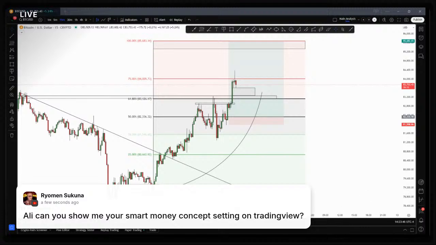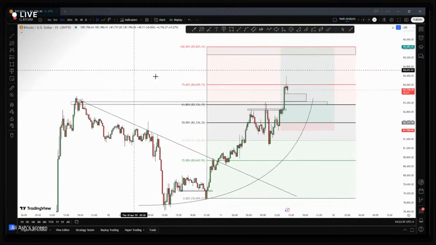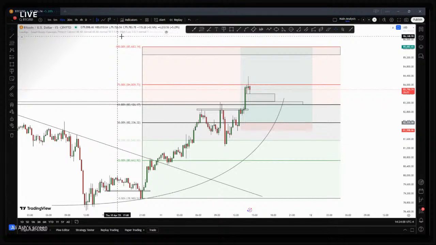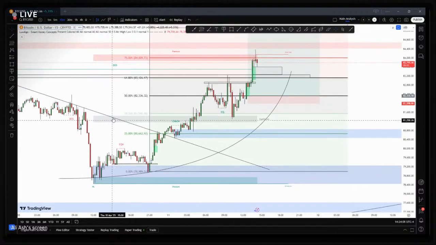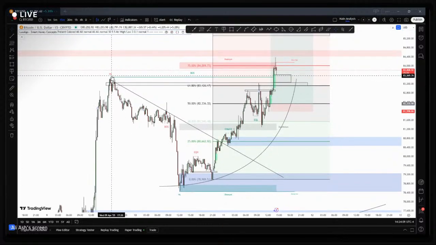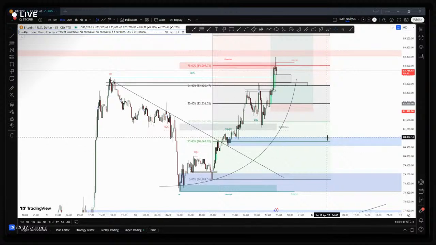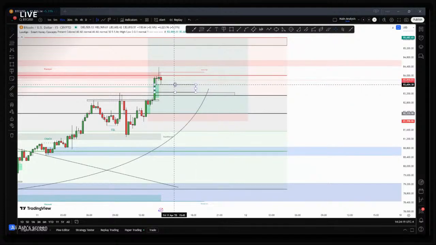So the smart money settings. I use this indicator. If you don't know how to use the smart money concept, you can use this indicator from LuxAlgo, Smart Money Concepts. It tells you about the premium and discounts, the break of structure, the highs and lows, equal highs and equal lows, change of character, and it also gives the FVG.